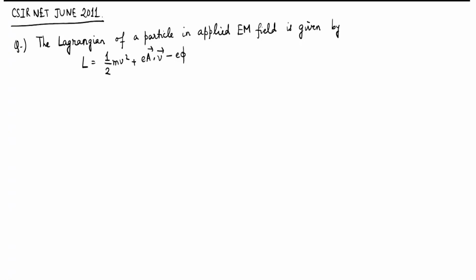So you know what is A and what is phi. This is the vector potential and this is the scalar potential. Which of the following statements is correct?